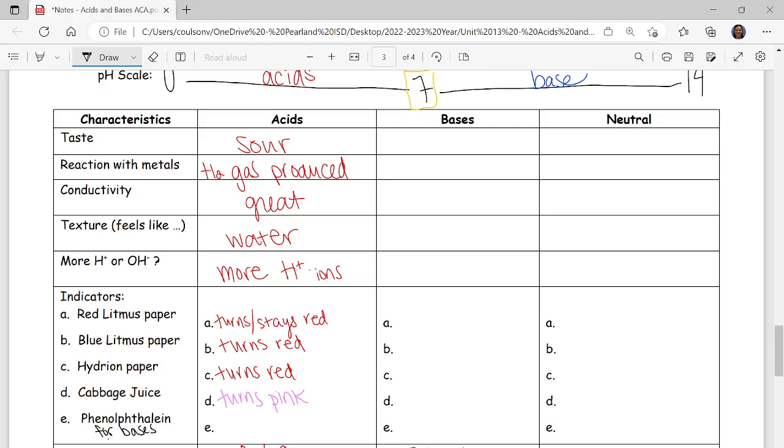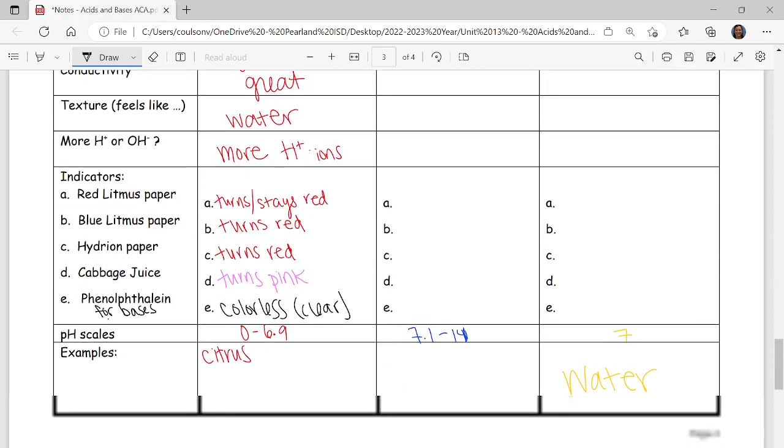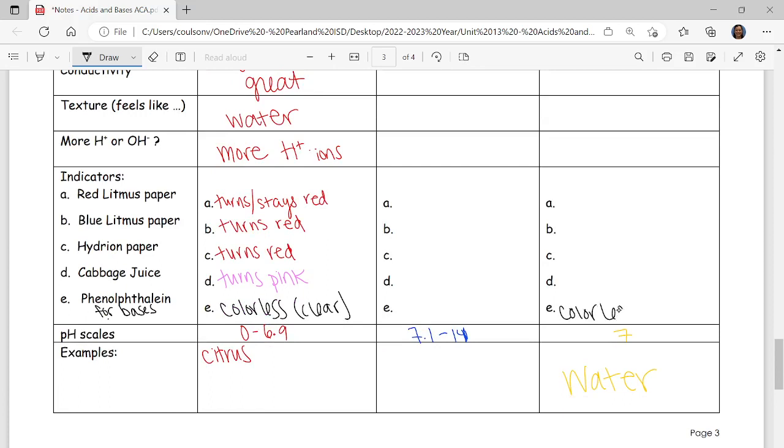Phenolphthalein will only indicate bases, and the reason for that is that phenolphthalein is colorless, which is clear, when it's in the presence of an acid, and it's clear or colorless when it's in the presence of water. So you can't tell the difference between an acid or water when you're using phenolphthalein as your indicator.